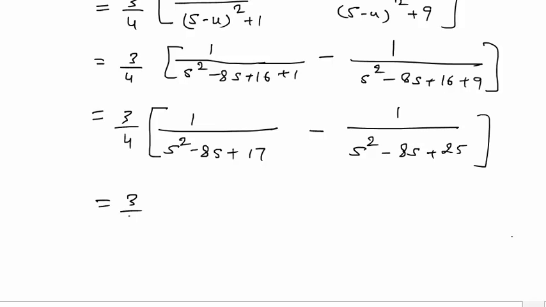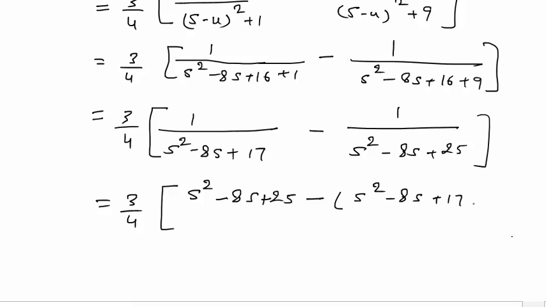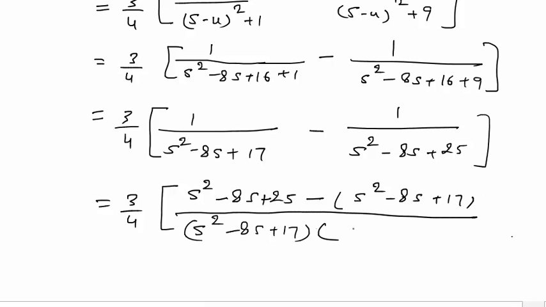Now we cross multiply and we get s square minus 8s plus 25 minus, in another bracket, s square minus 8s plus 17, whole divided by s square minus 8s plus 17 into s square minus 8s plus 25.